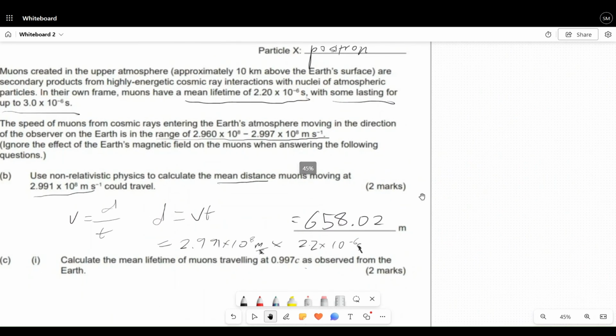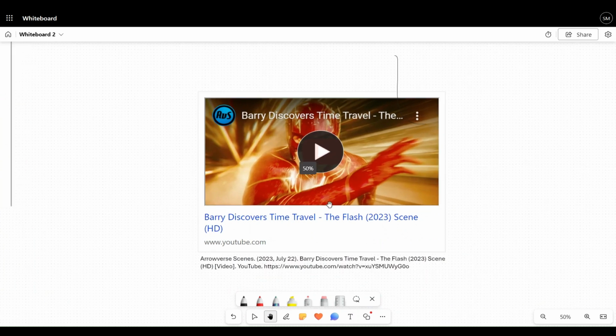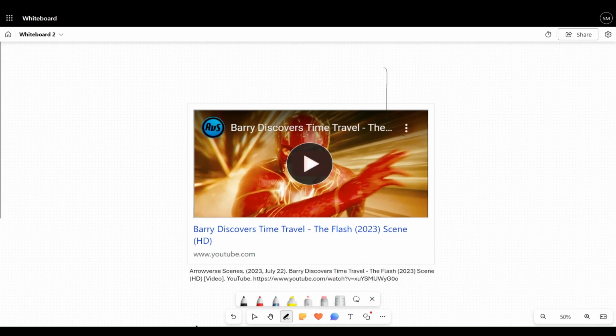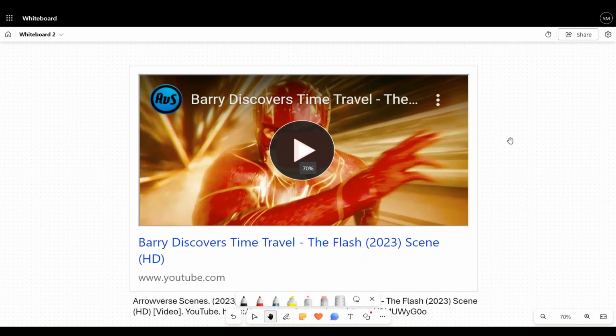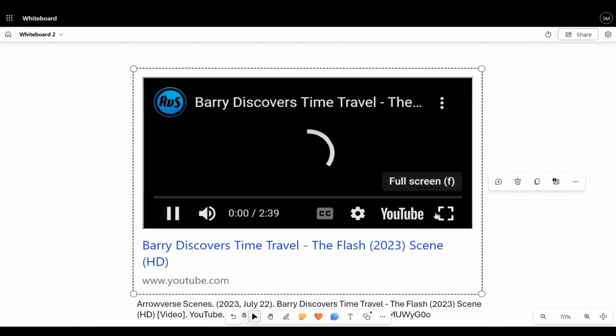Now, let me show a video actually to really demonstrate this. This is what happens when a muon approaches the speed of light. Imagine that the Flash is the muon here.